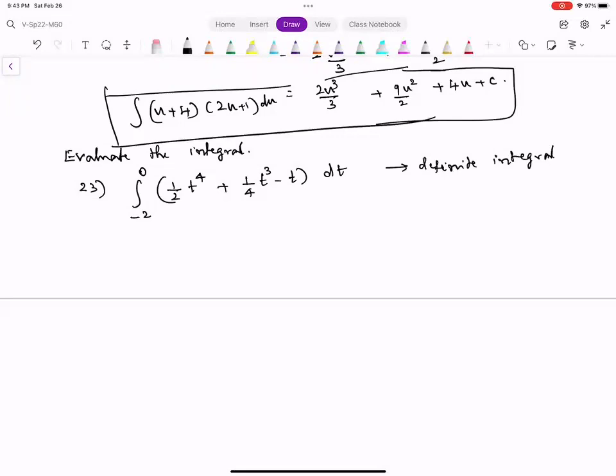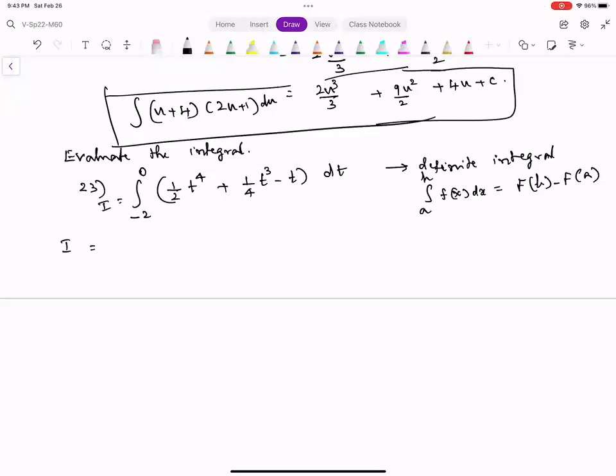So what do we do? By the fundamental theorem of calculus, if you have the integral of f of x dx from a to b, then you take the antiderivative and plug in the upper limit, minus the antiderivative at the lower limit. So let's do the antiderivative first. We will call the given integral I. I is just another representation for the given integral.